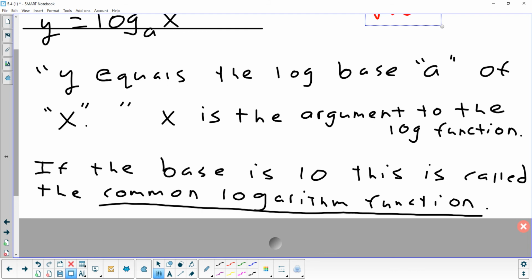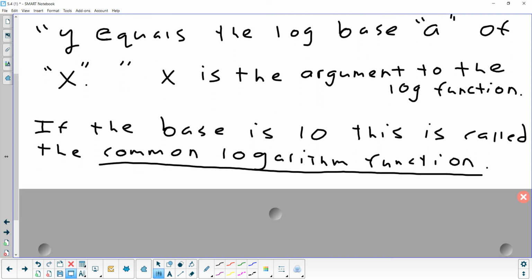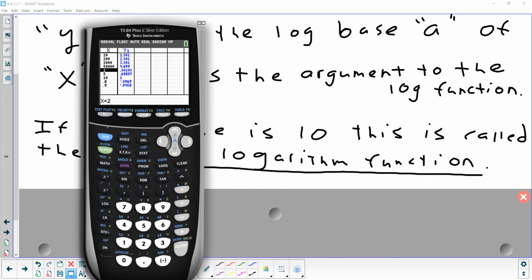There are two logs that have special names. One of them is called common log. The other one is called natural log. Common log is when you have a logarithm with a base of 10. So for example, if I said to you on the test, find the common log of 7.5. You press the log button, 7.5, and you hit enter.